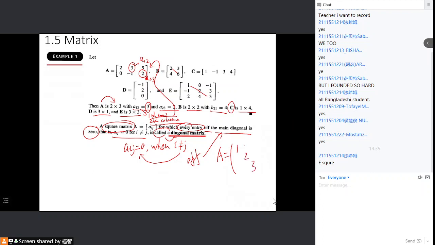Maybe the matrix looks like this: 1, 2, 3. This is the main diagonal. This is the diagonal matrix.